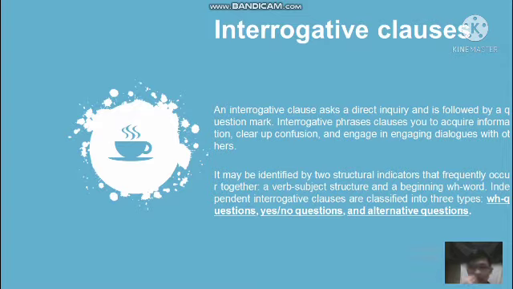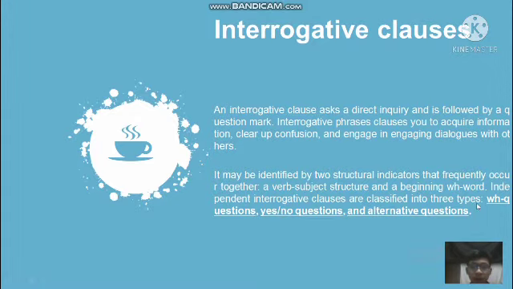Moving on, independent interrogative clauses are classified into three types: WH questions, yes or no questions, and alternative questions. This will be my focus in my report; I will discuss this further later.